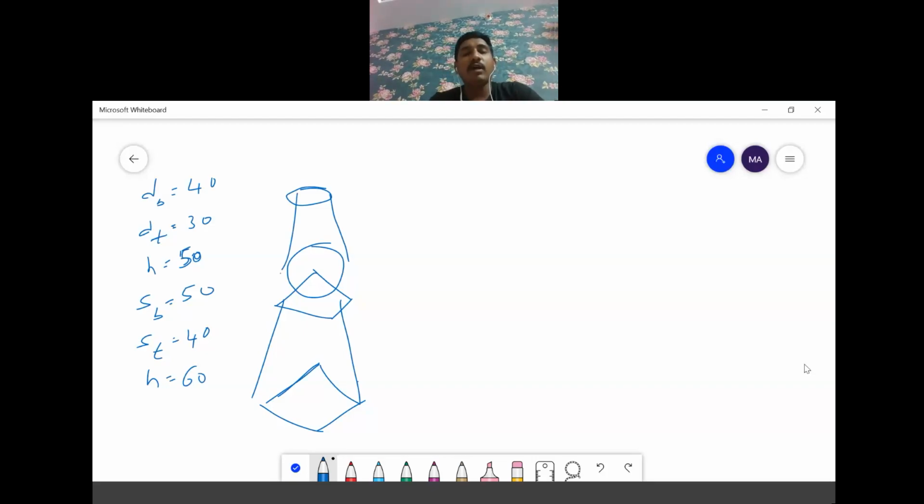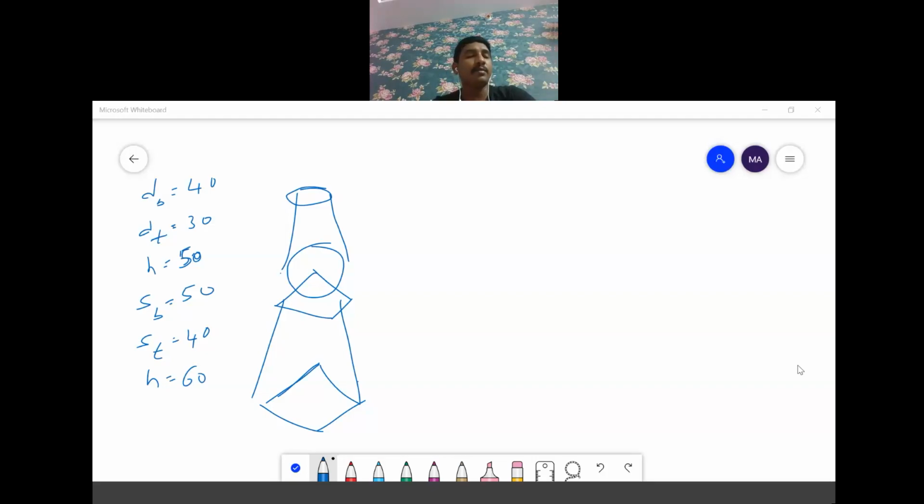He has given the bottom side 50 mm, top side 40 mm and height as 60 mm. And also he has given top diameter 30 mm, bottom diameter 40 mm and height as 50 mm.